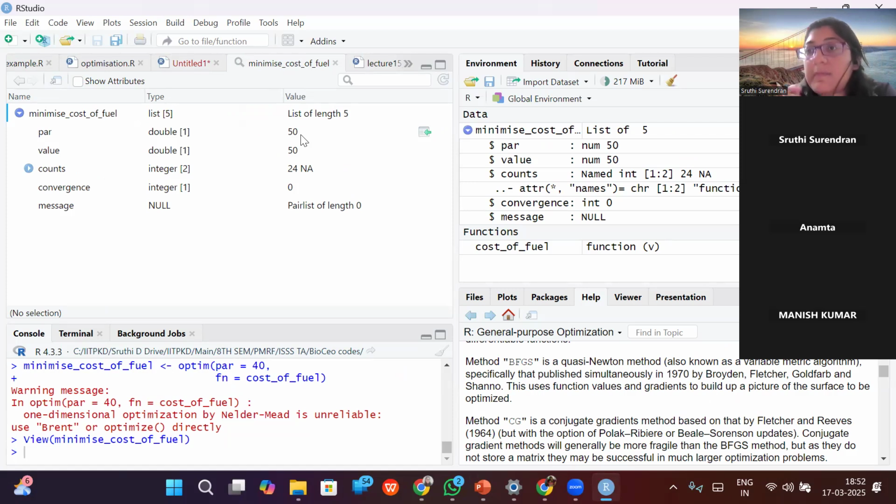When we solve it manually, it again gives the same answer. So this is how the optimizer is optimizing the function and obtaining the most efficient value of the variable that will minimize the function, which is our objective function.